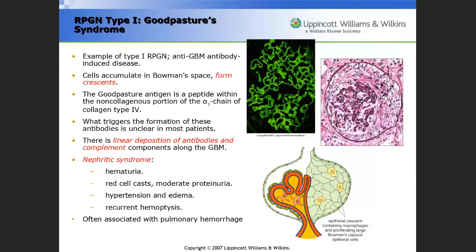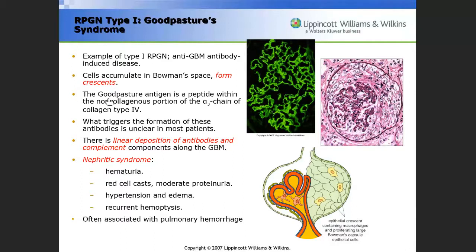So here is type 1 Goodpasture, and if you use the antibody to the basement membrane, you light it up, and you can see how all of this is lighting up. This shows you the expansion of that endothelium. This uses a special antibody that is labeled with fluorochrome.